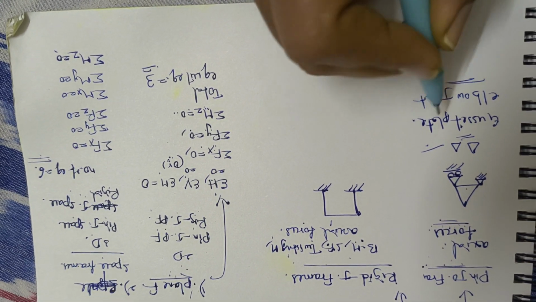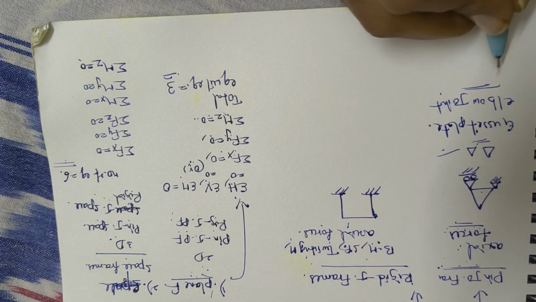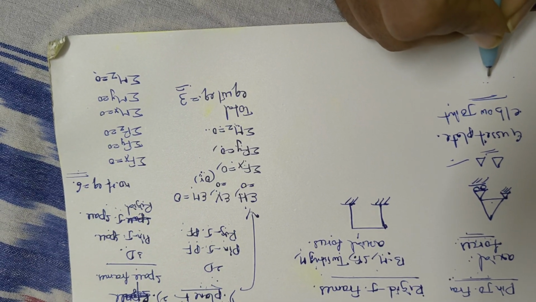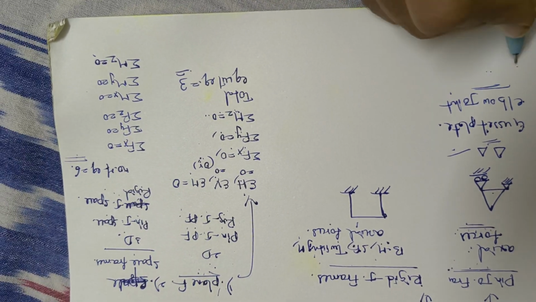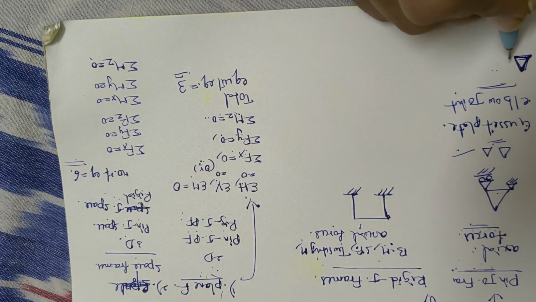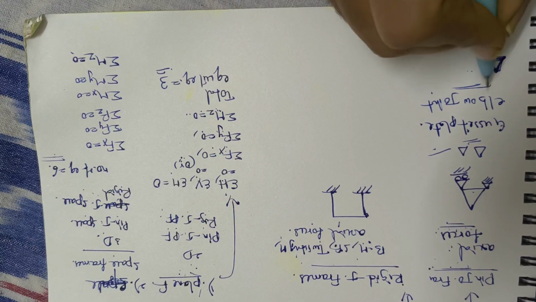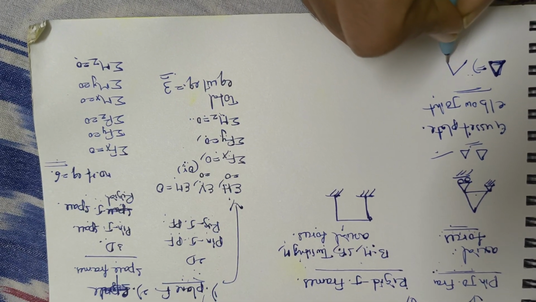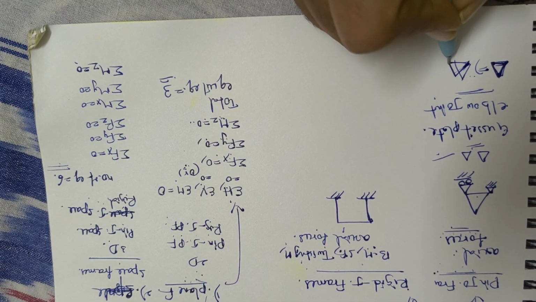Elbow joint is the best example for pin jointed. And here you can observe before and after, the deflections are different. Suppose this kind of arrangement is there, but after some time it is subjected to some external load, so the deflected shape may be in this way, and this is the original.